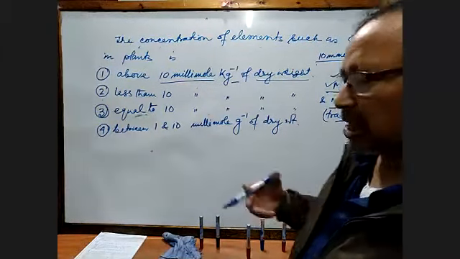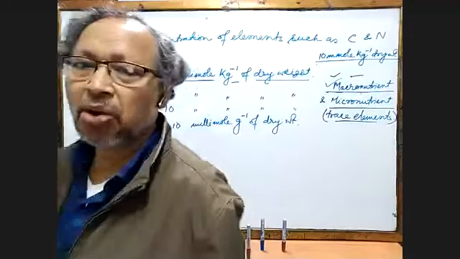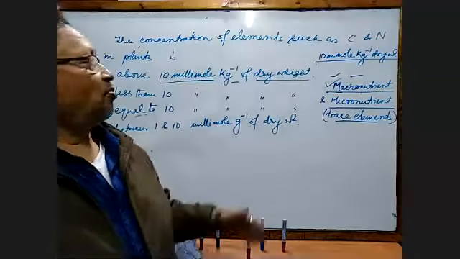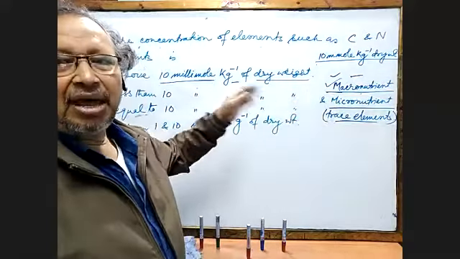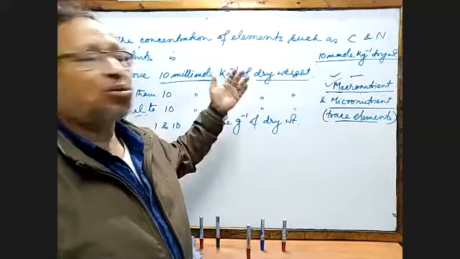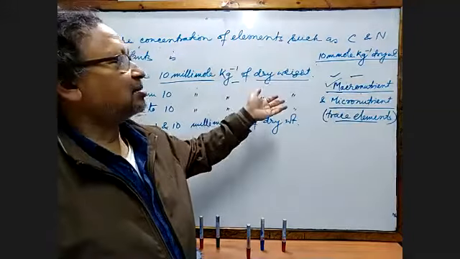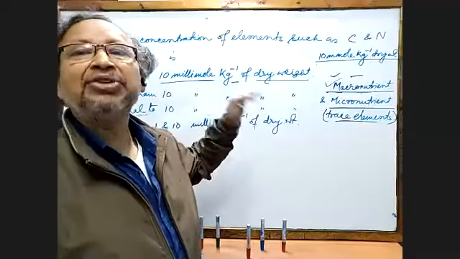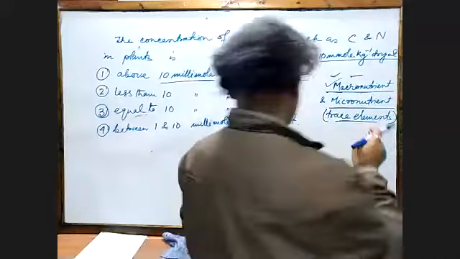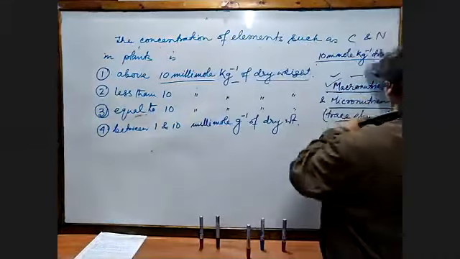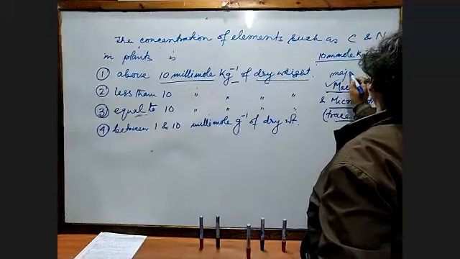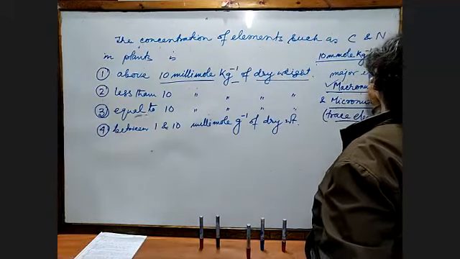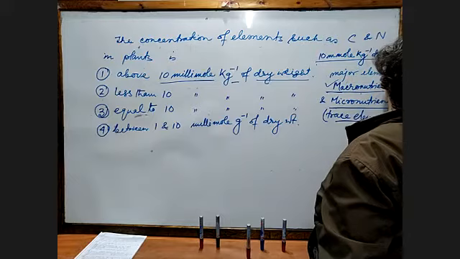So those elements which are found in the body of the plant at more than 10 millimoles are called macroelements, macronutrients, or major elements. This macro is also known as major element.